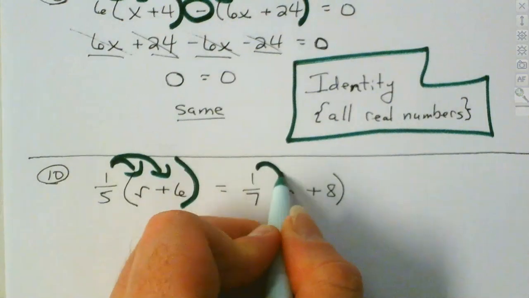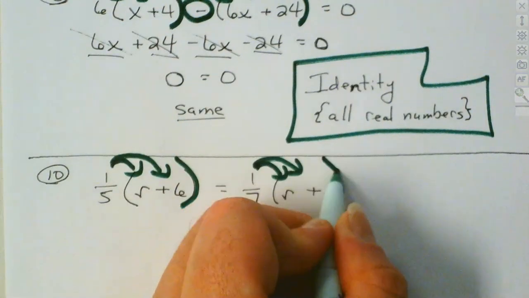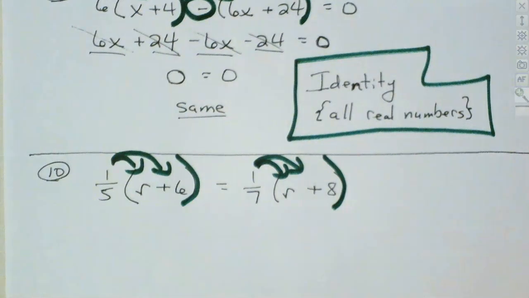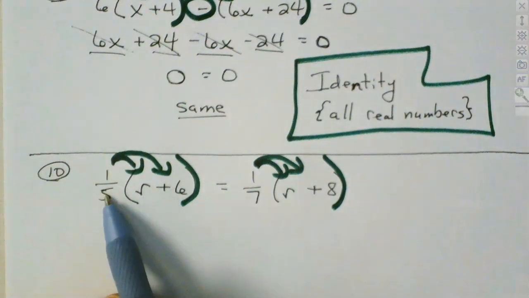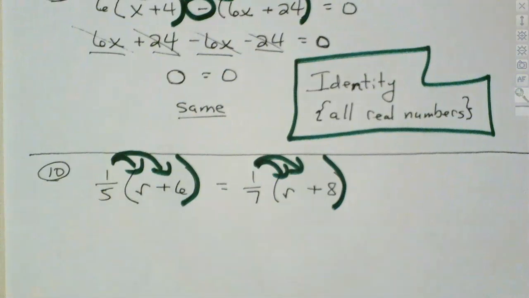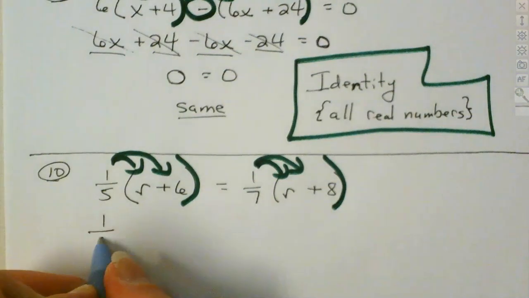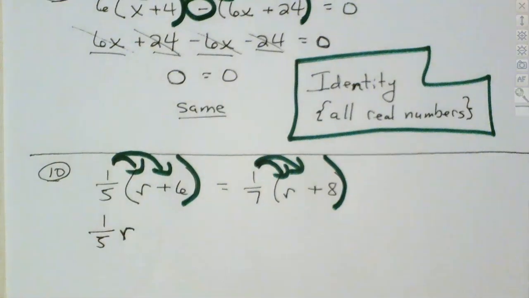So we'll clear the parentheses first. Now that 1/5 times r, well, that just leaves you with 1/5 r, right? Because nothing cancels out there.